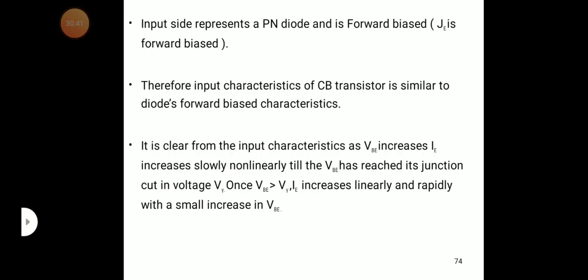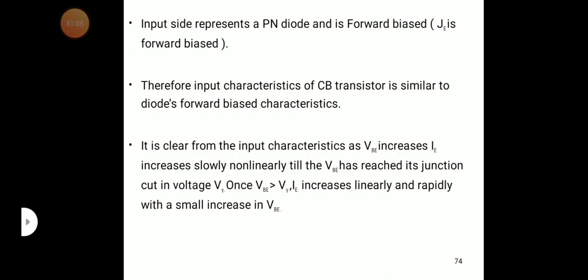It is clear from the input characteristics that as VBE increases, IE increases. The voltage increases and the current increases slowly and non-linearly until VBE reaches its junction cut-in voltage, V gamma.